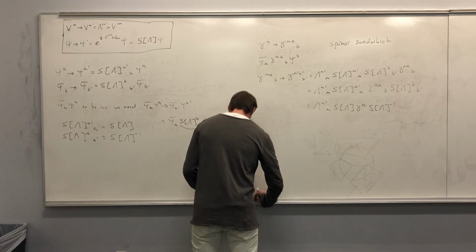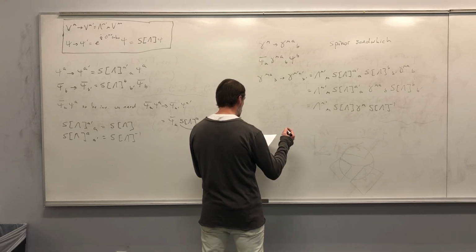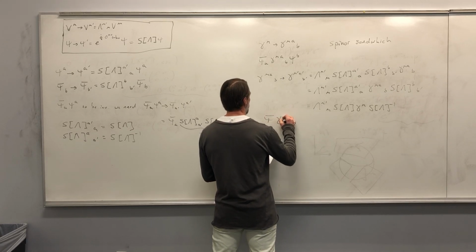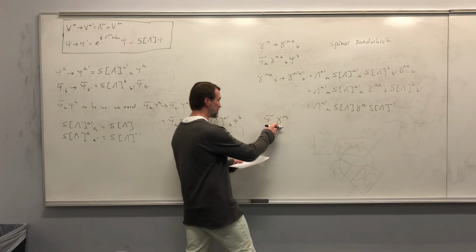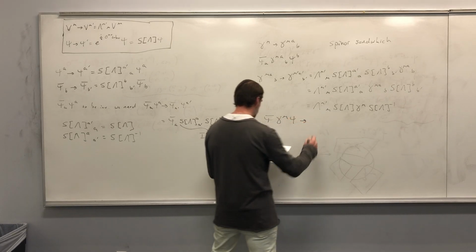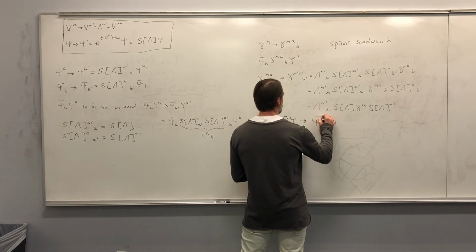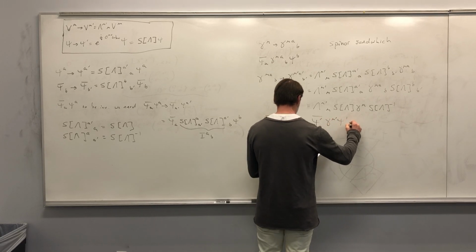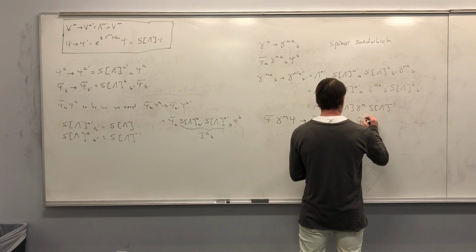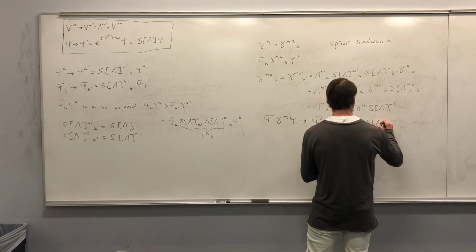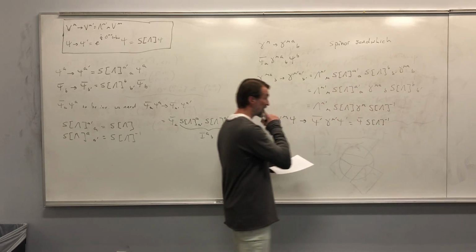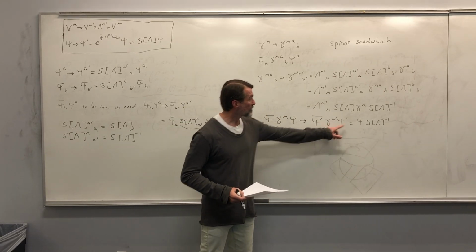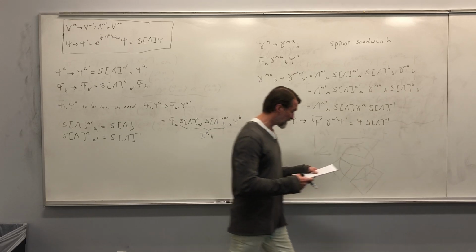So if I consider a spinor sandwich with just gamma mu as the meat, then this transforms to psi bar prime, gamma mu prime, psi prime, which is psi bar S lambda inverse. That's how psi bar transforms. Psi bar prime just becomes psi bar S lambda inverse.